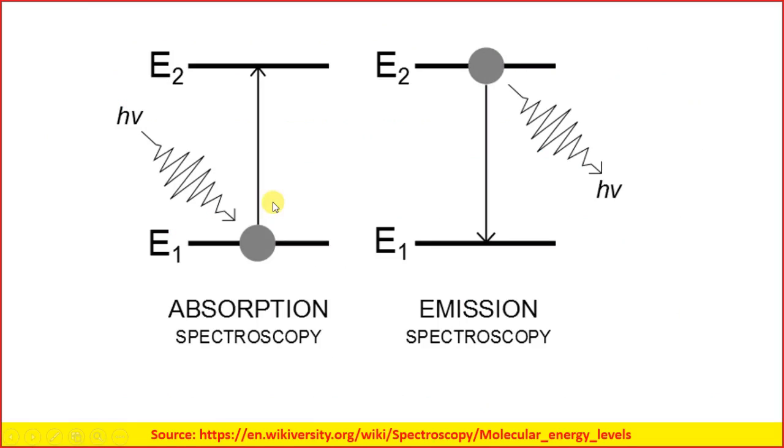So I will tell you what is happening. Suppose you have made the photon incident, and it has gone to the upper level. Now your electron is in the excited level, at a higher level. If it has to come down to the basal level, it has to release some energy. How will it release it? It will be releasing some photons.